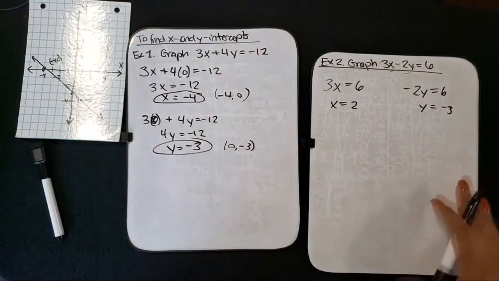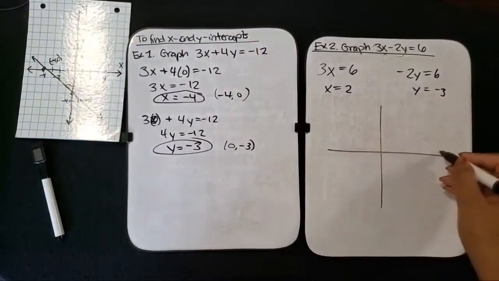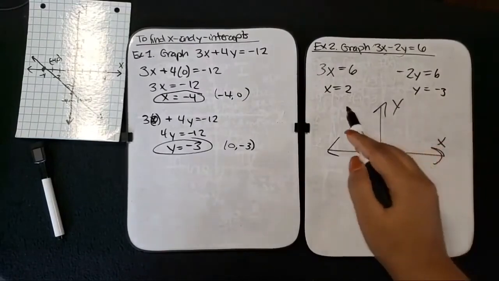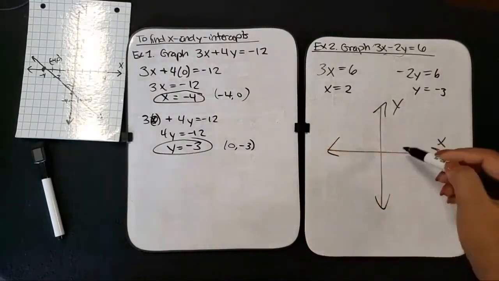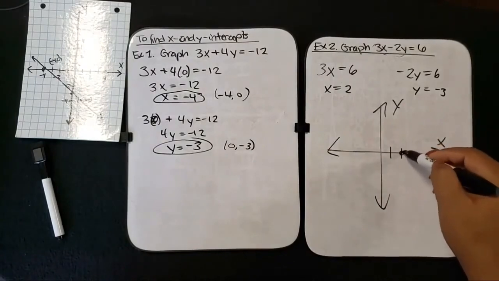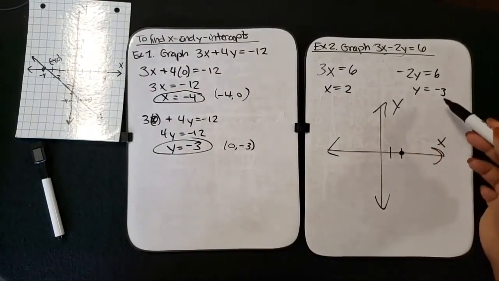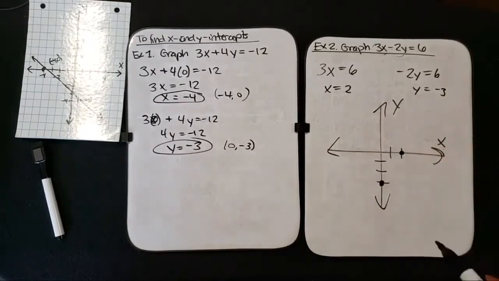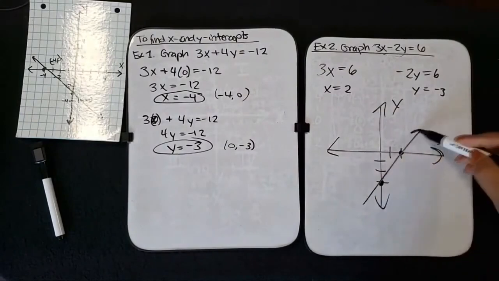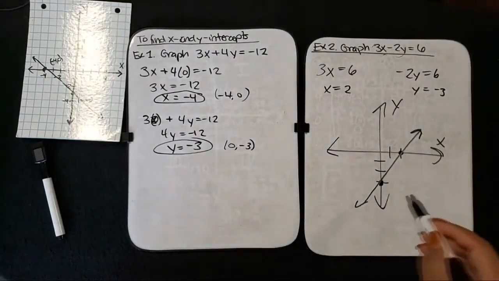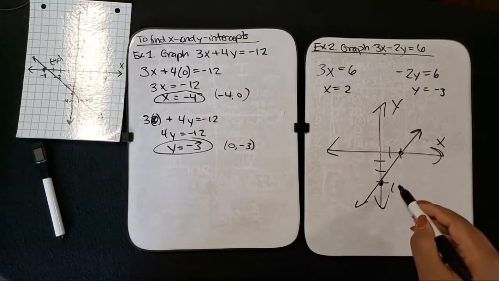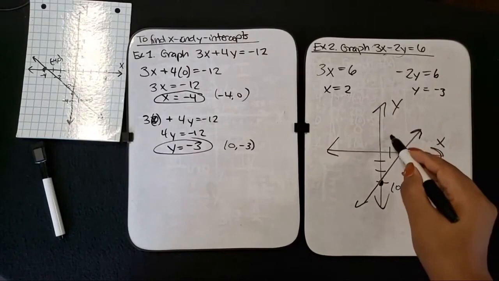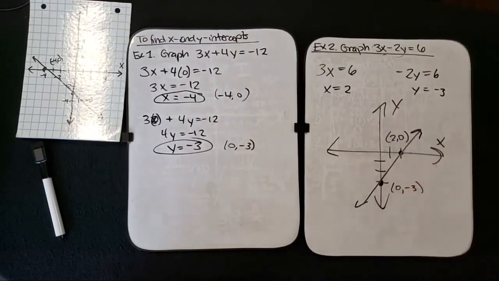So when we graph this, we find the 2 on our x-axis, and we find the -3 on our y-axis, and we connect them. That's how simple it is. So this is (0, -3), and this is (2, 0).